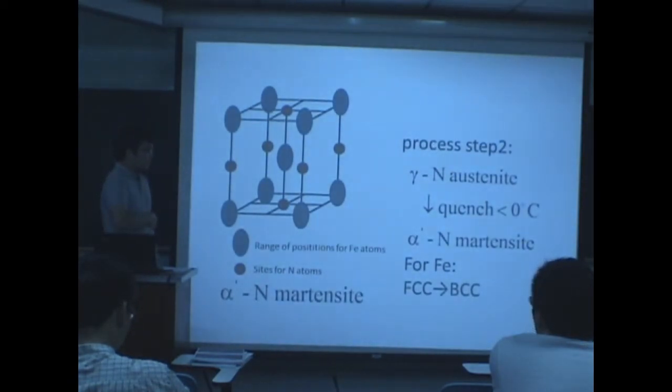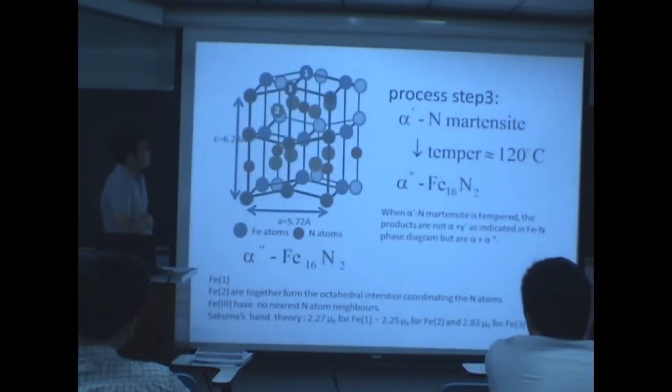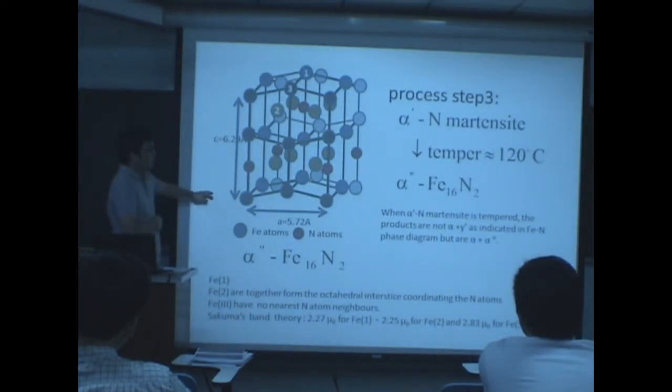As a consequence, where the hole is occupied, iron atoms are pushed apart in the spin direction. In step three, alpha-double-prime is obtained.